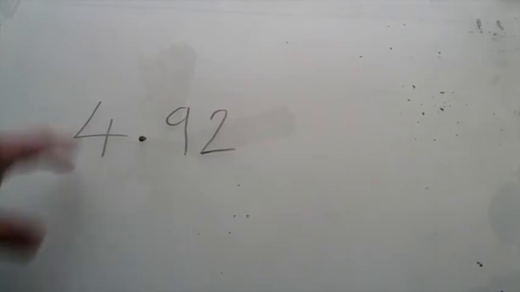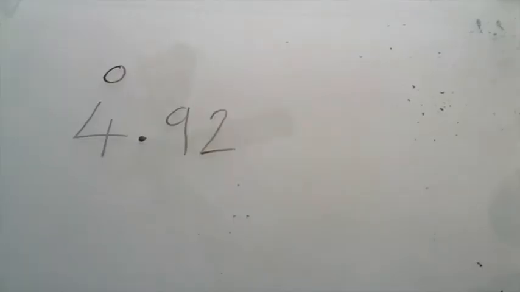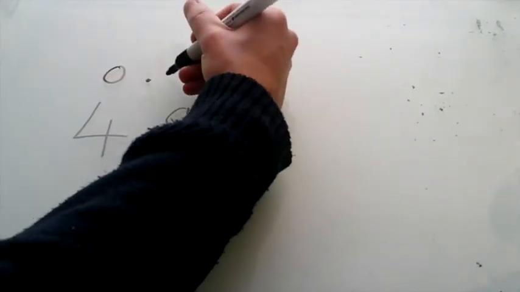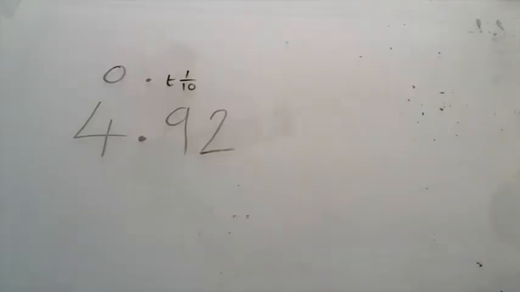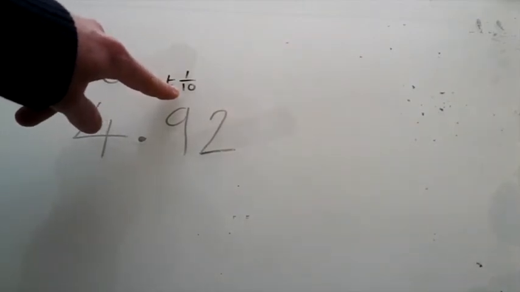This number is in the ones column. Then we've got a decimal point. This number is in our tenths column, which you'll either see written like that or like that, because think back to your fraction days. If we were to say that, it'd be 1/10.